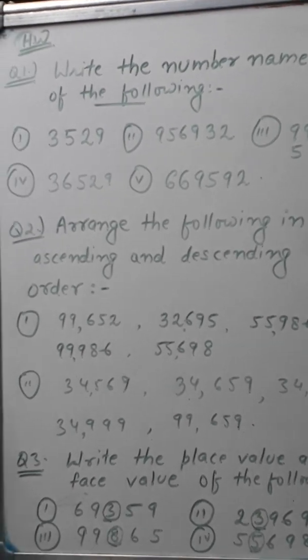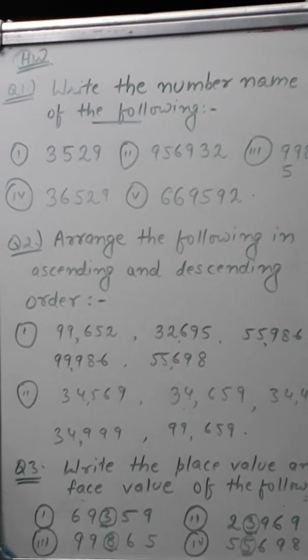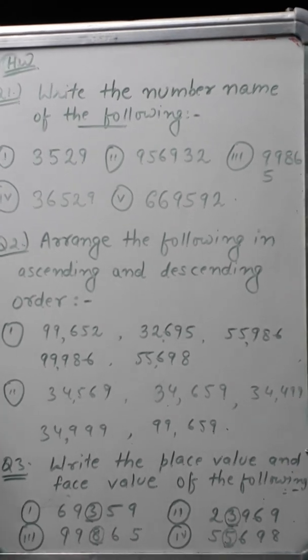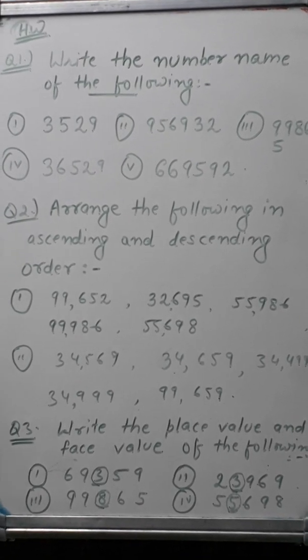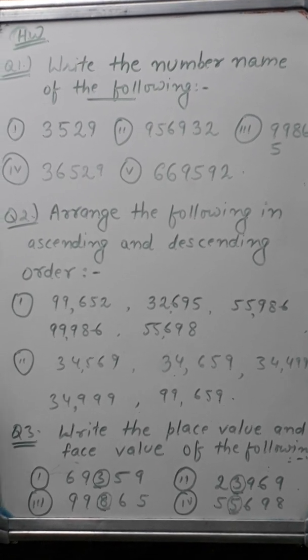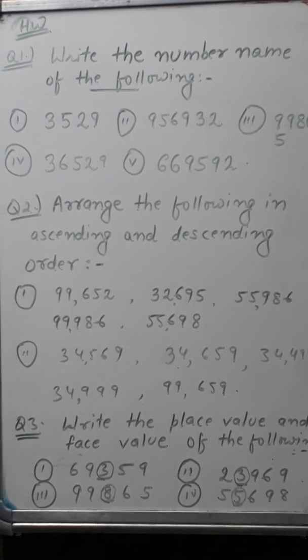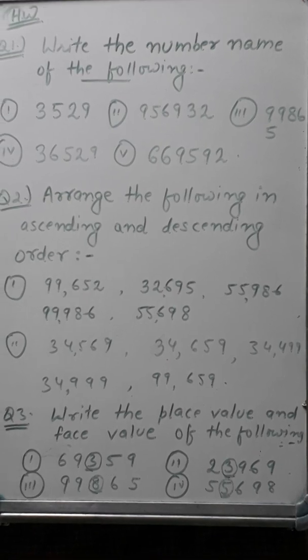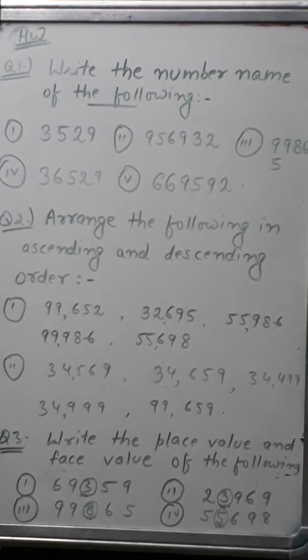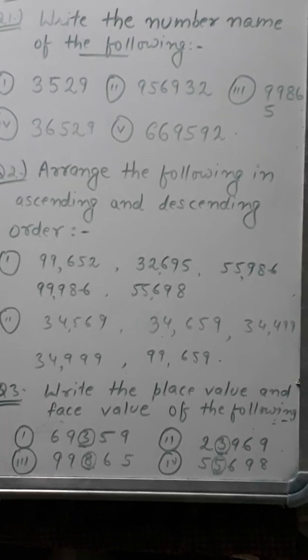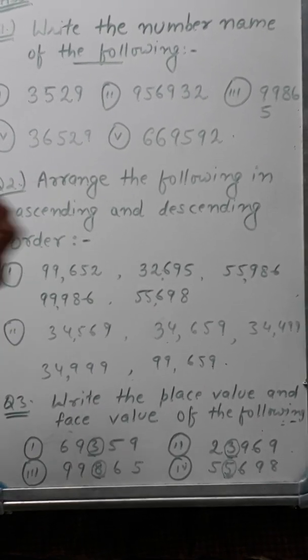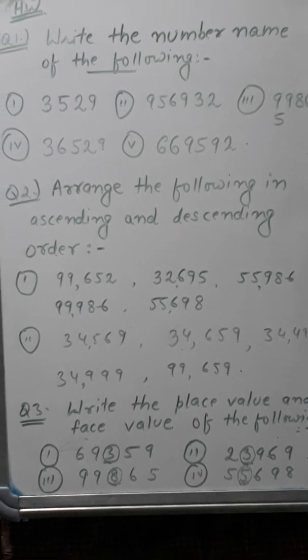So class, before moving to the topics I have written on the board, I want to give you some homework first to check whether you know the following topics or not. The first question is write the number name of the following.